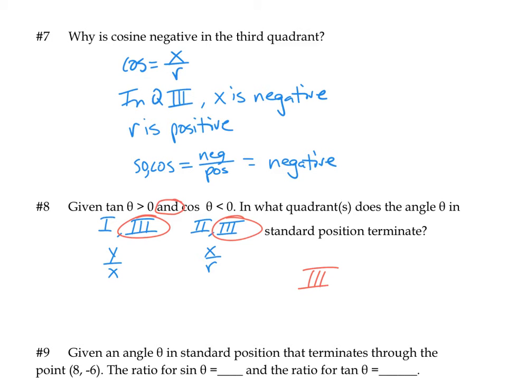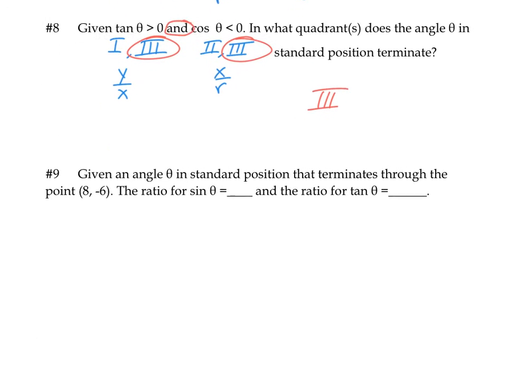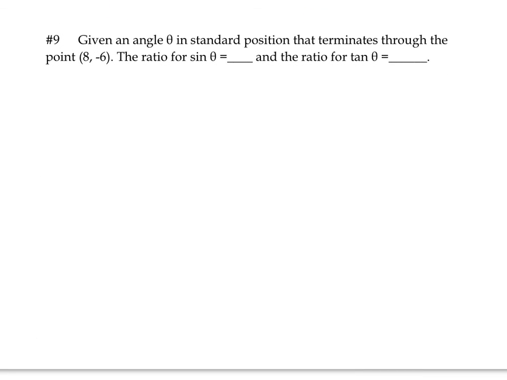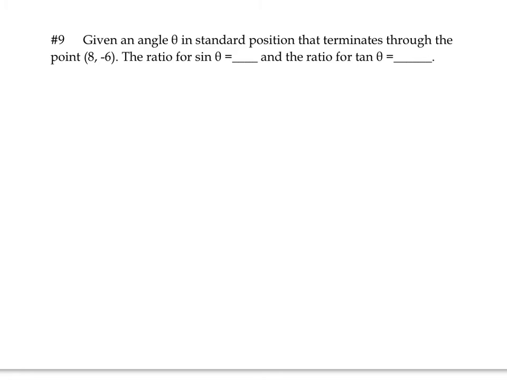All right, moving to number 9. Given an angle in standard position that terminates through the point (8, -6). So I'm going to draw a quick sketch of that. That's going to be in the 4th quadrant, this point right here, (8, -6).